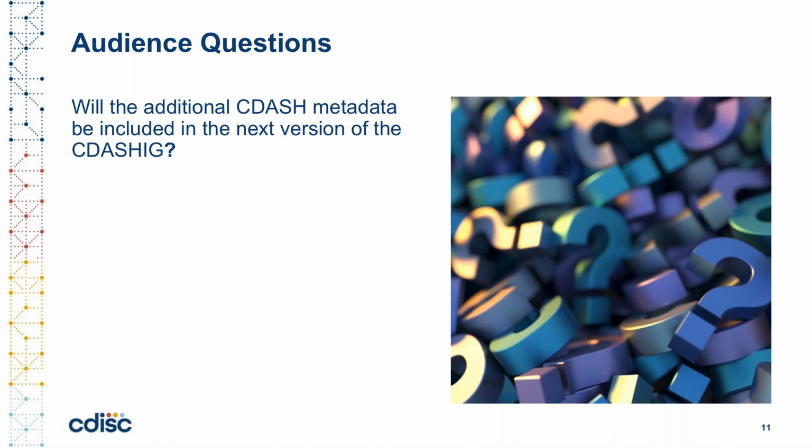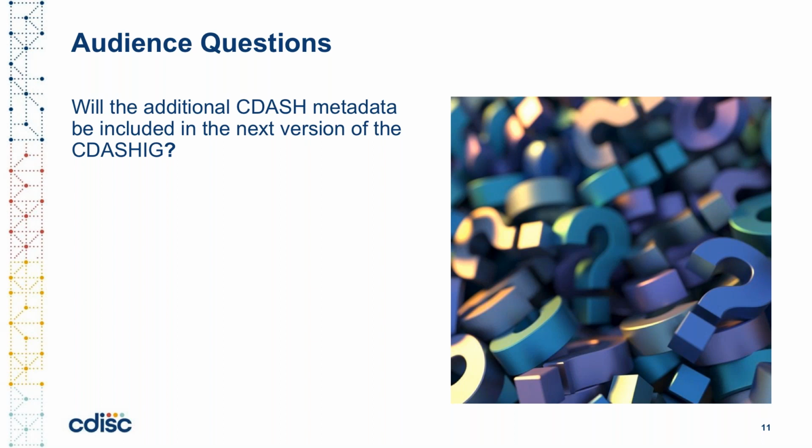Now, we're still discussing how best to do that, how best to represent that. There's obviously the C-DASH IG. We can't call this V2 document an IG, because of course we don't have a corresponding model with the updated metadata to go into. So we are going to keep that called a supplement.